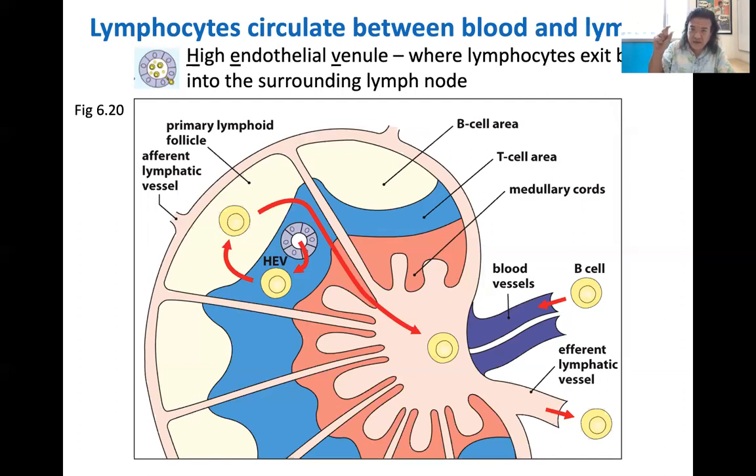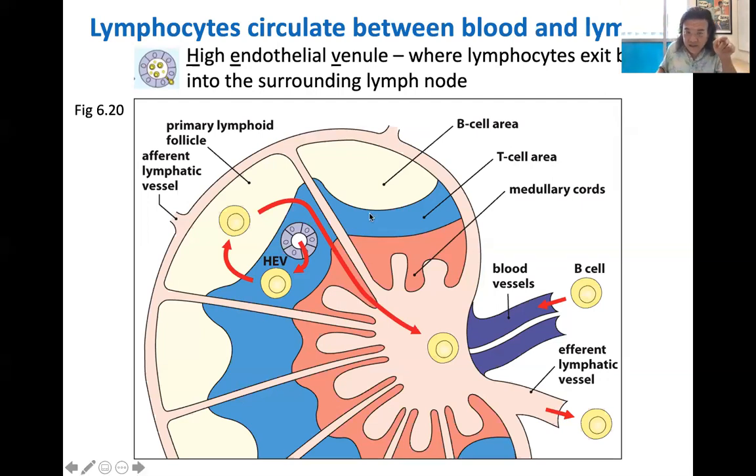or HEV. The cells that make up the wall of this HEV have special signaling molecules, special receptor-like things, where the B cell, as it passes through, interacts with those, and that's how the B cell knows, hey, I've been going through the blood, now I'm passing through a lymph node, because the wall of the blood vessels has these things that now I can attach to.